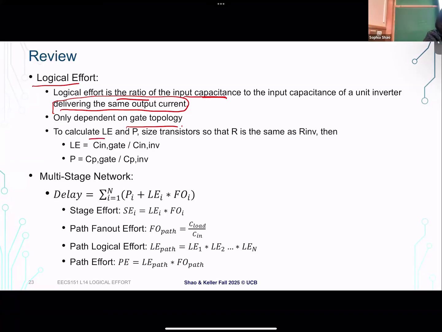In practice, we can do the calculation to size a transistor to deliver the same current, so it has the same resistance, and then we can calculate the logical effort and the normalized delay. With that, we can do the same optimization with a multi-stage network, now not limited to inverters but also with more complex gates, and we can fully distribute the path effort to each individual stage.